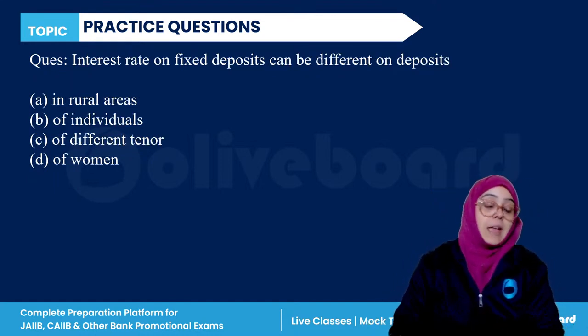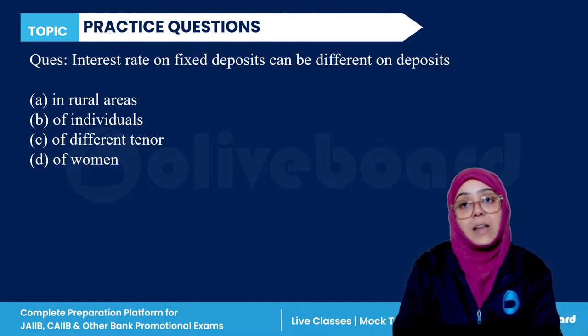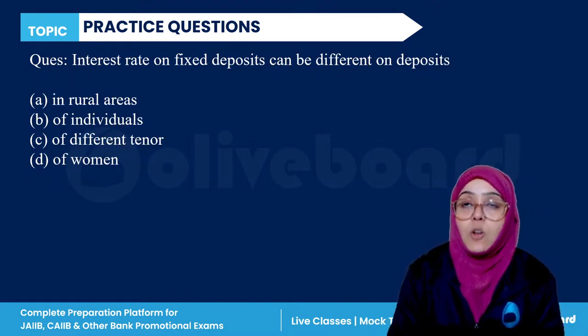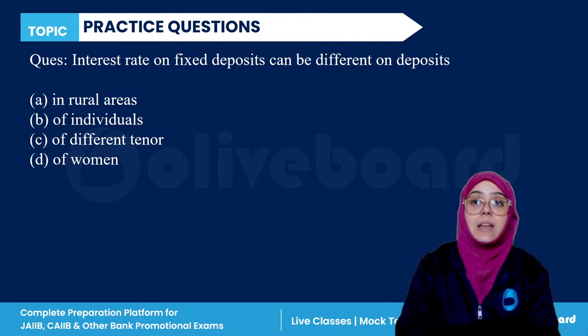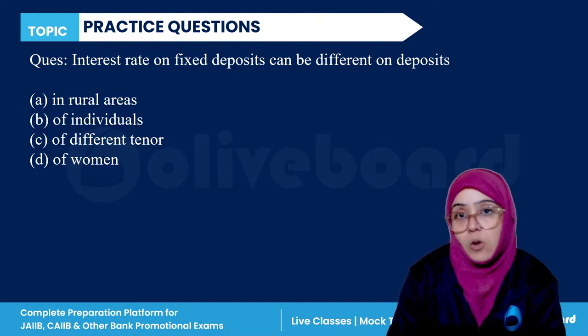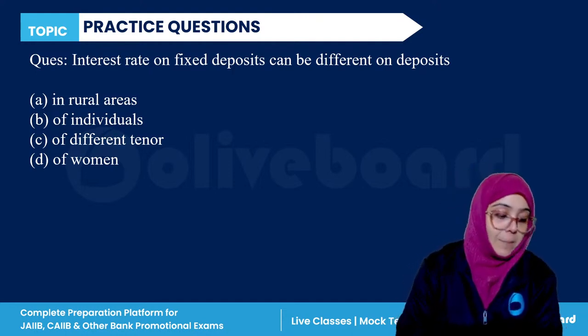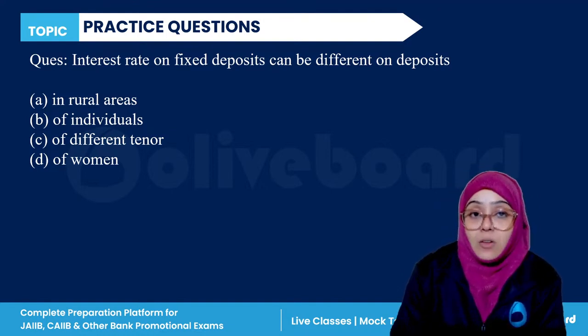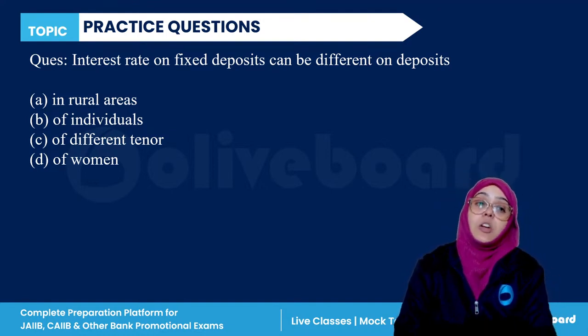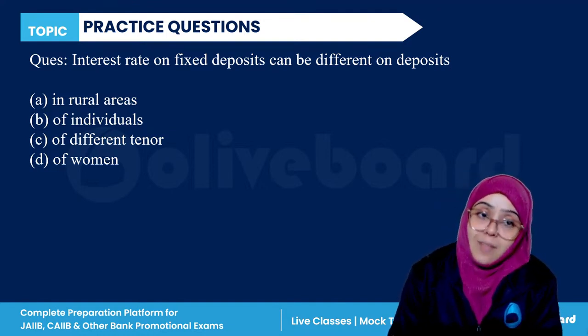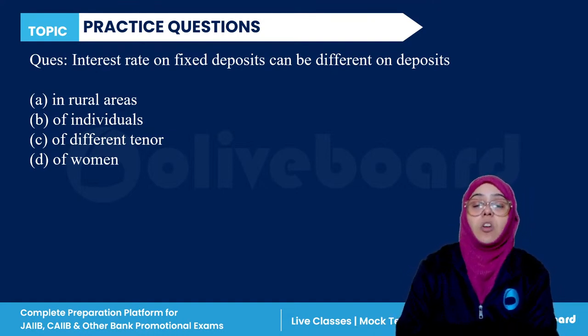Next question. If it is a single operator, then only a single individual can be a nominee. If it is a joint account, then it can have more than one nominee also. Okay? Yes, Hema. Interest rate on fixed deposit can be different on deposits in rural areas, of individuals, of different tenure, or of women.